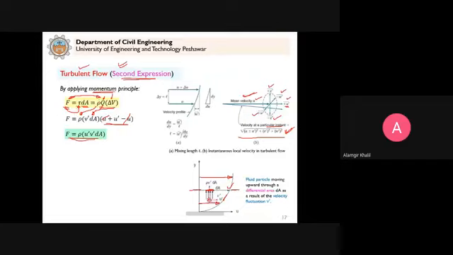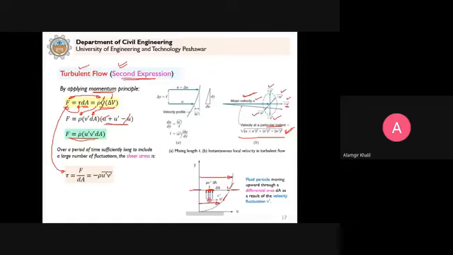Now we bring in the expression for the shear stress. Tau is equal to F divided by dA.